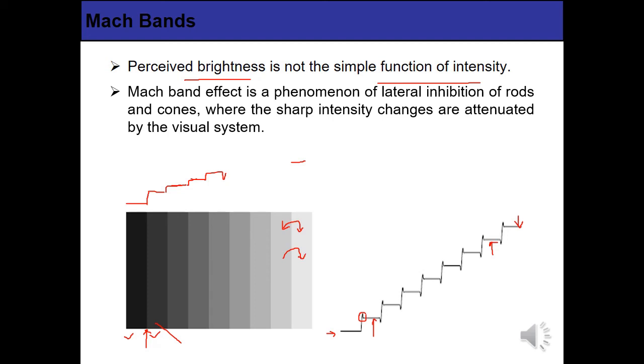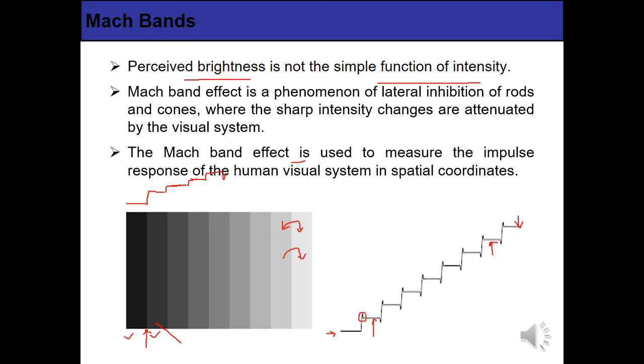So these variations, when you observe from the darker region towards the whiter, or the whiter region towards the darker, form these kinds of patterns. This is the concept of the Mach band effect, which is visualized while processing digital images.